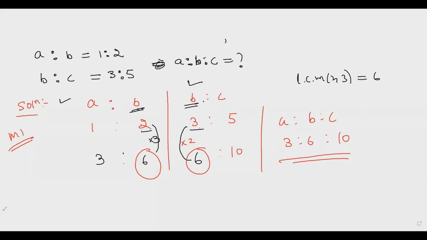Please note it down. The common value, the value of B, we have to make them equal. That's all. Okay, this is the method number 1.